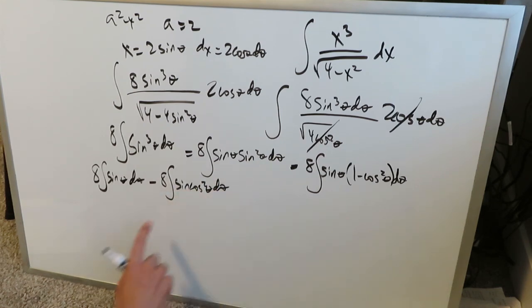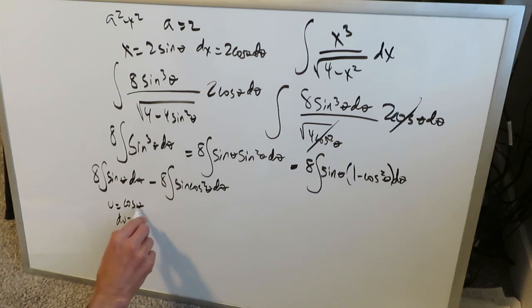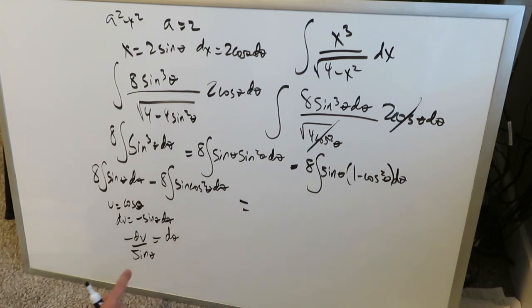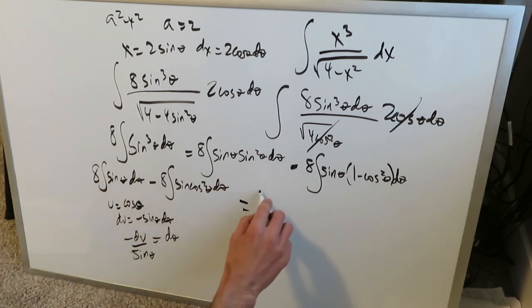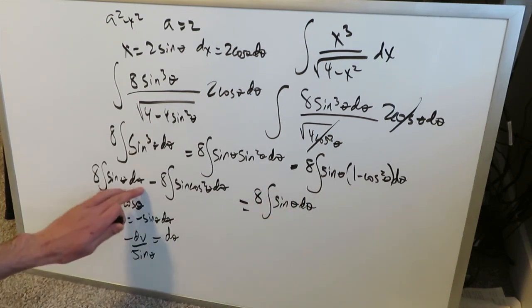You can do u substitution over here. U is equal to cosine theta, du is equal to minus sine theta d theta, and then d theta is equal to minus du over sine theta. And plug it in here, and see how everything changes. 8 sine theta d theta, nothing done over here.